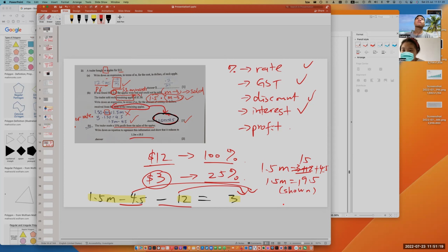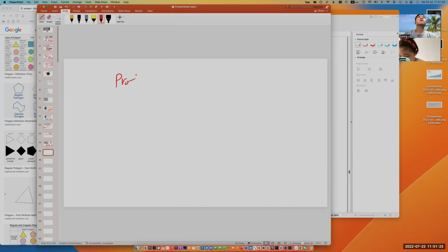Okay, so in a way, profit is equal to total sales minus the cost, right?